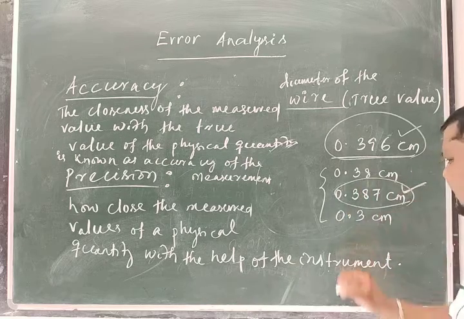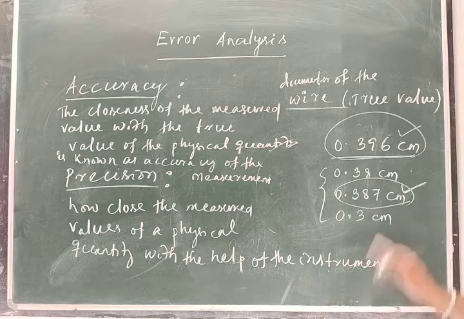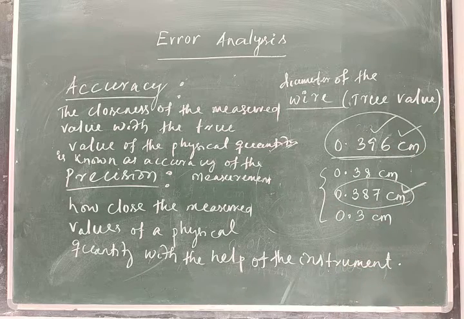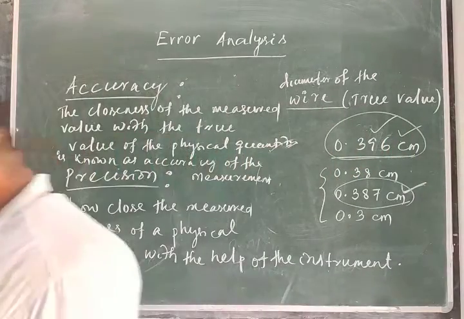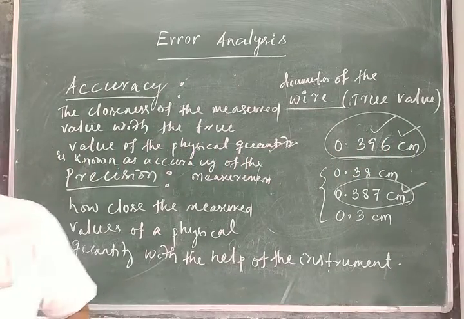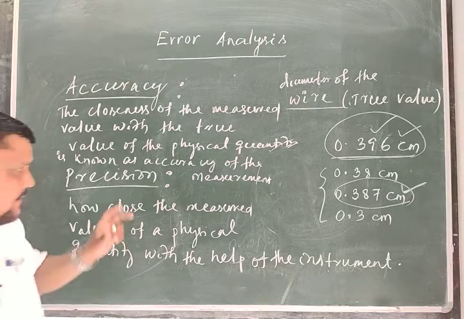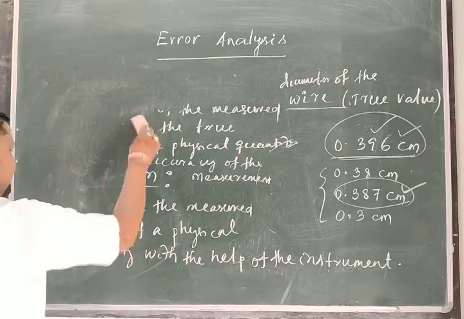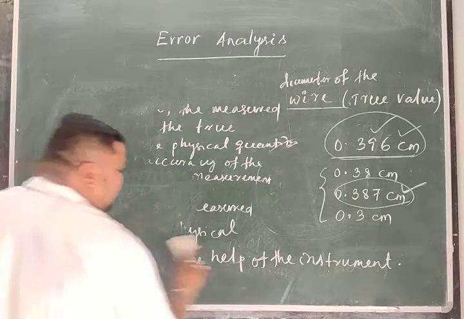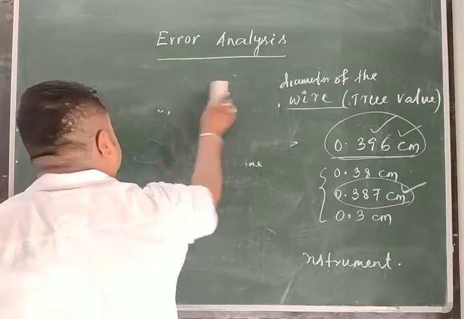It means I have used an instrument which is more precise to measure this diameter. So this is called accuracy, precision and least count. Before we learn error analysis, these terms should be known to us.